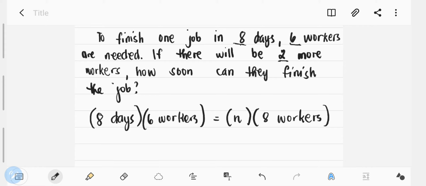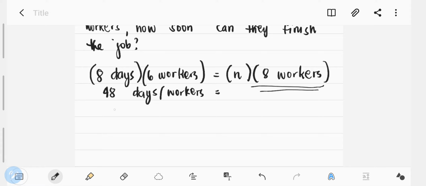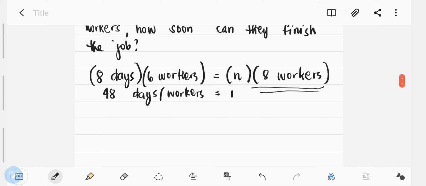So, let us solve each side first. 8 times 6, that's 48 days per workers is equal to, we can transpose the 8 workers downward so that n is left here, right? So, I'll move the 8 workers here. And then we will divide.